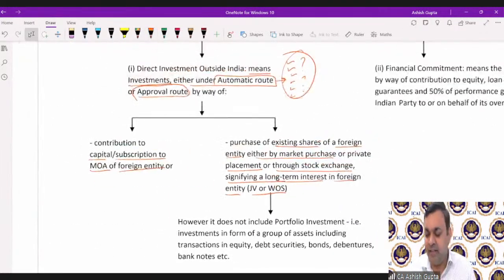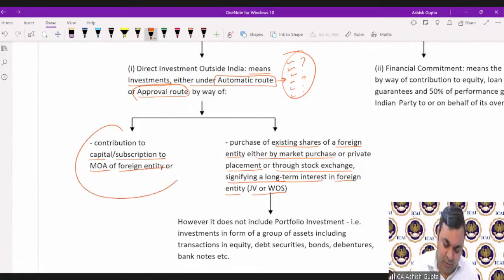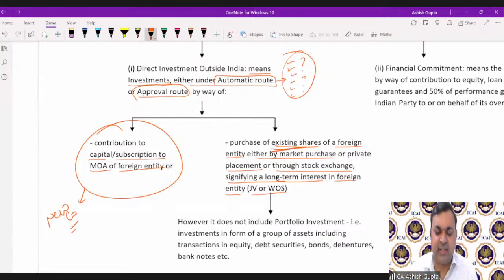Perfectly right and very simple. This is for a new company, and this is for an existing company. So for a new company, you can be a subscriber and contribute capital. For an existing company, you can purchase from the open market, from the stock market, or through a share purchase agreement.